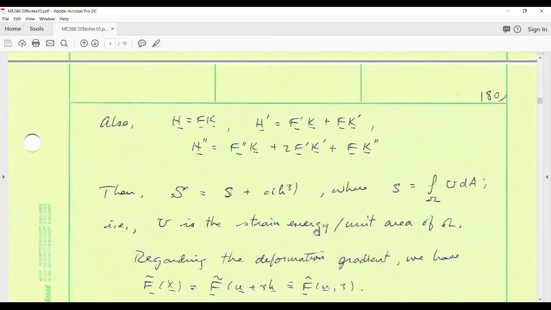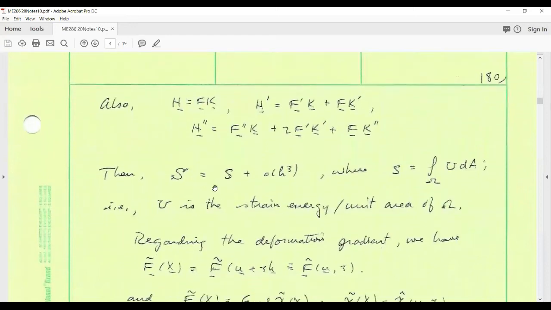Okay, so we'll work on that, but in the meantime, we now have an estimate of the strain energy, the three-dimensional strain energy, calligraphic S, is ordinary S plus terms of order small o h cubed, where ordinary S is this, right?